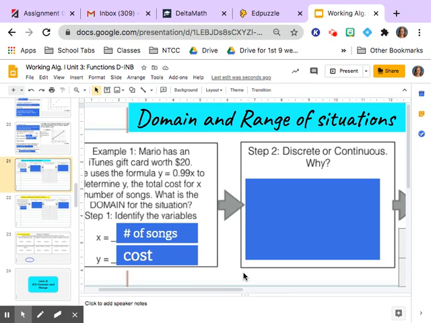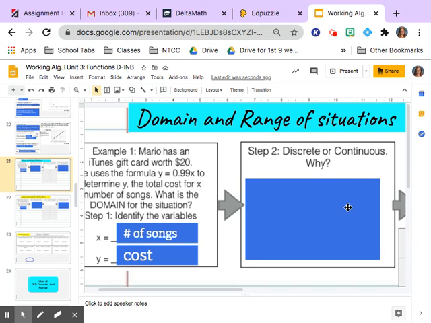Is this going to be discrete or continuous? So discrete means we're counting things. Continuous means we're measuring things. Discrete? Why discrete? So what are the options for the songs? 99 cents per song, right?